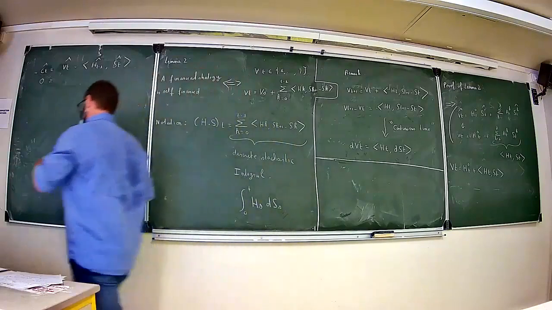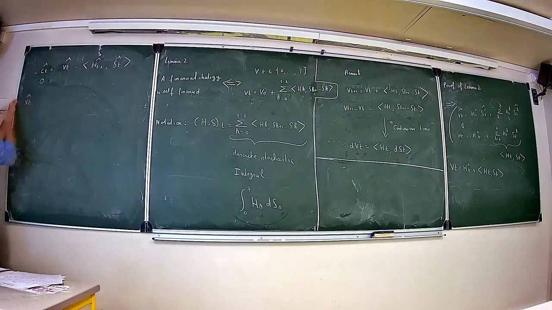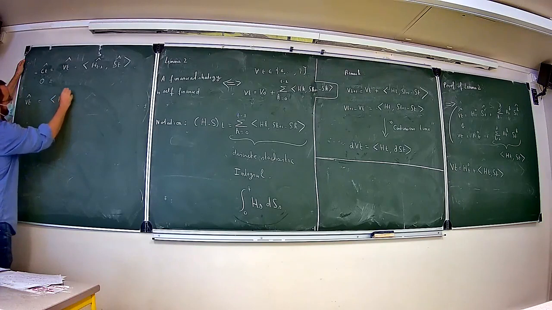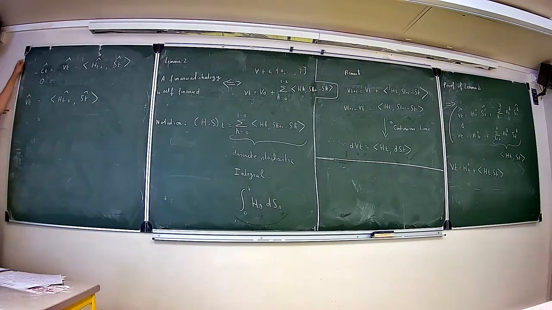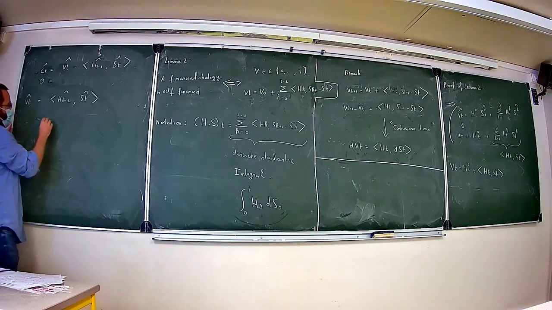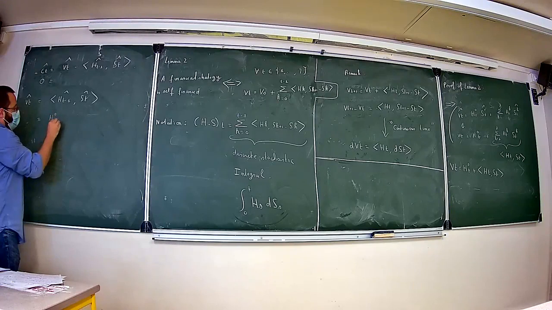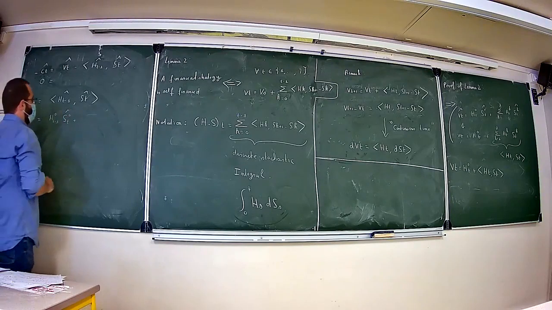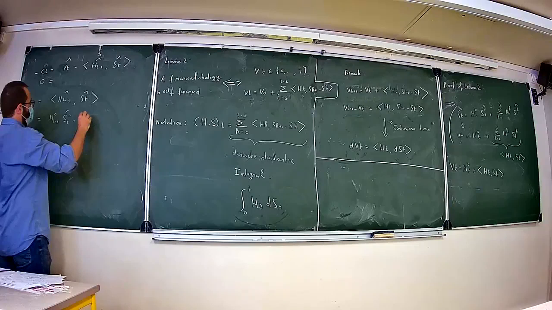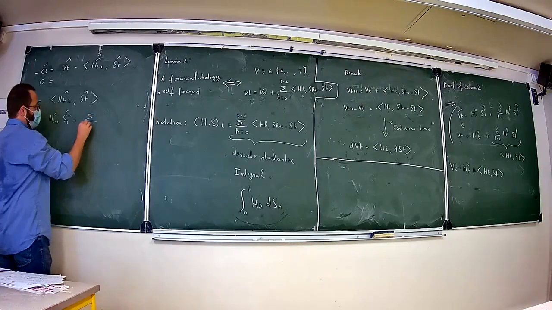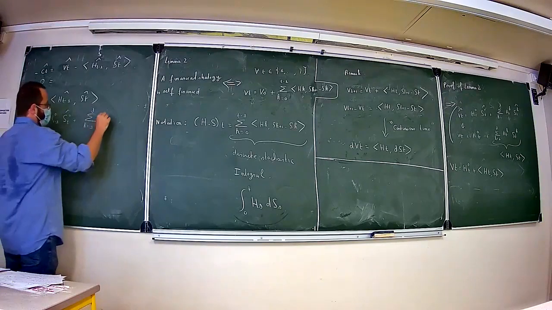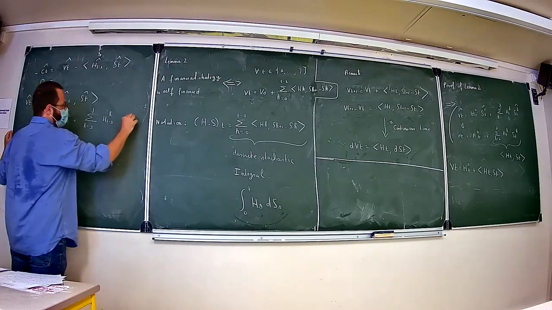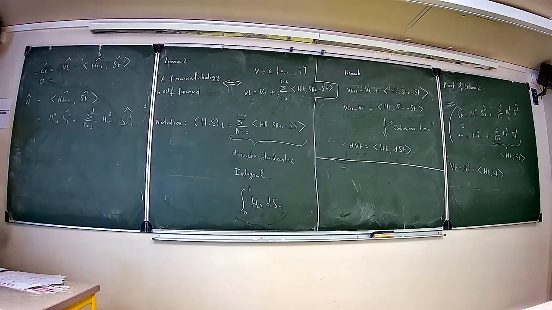And so, if I am self-financed, Vt hat is equal to Ht minus 1 at St hat, something that I can develop, writing that this is equal to H0 t minus 1 S0t hat plus the sum from k equal to 1 to d of Ht minus 1 k St minus 1 k hat. So this is the self-finance condition.